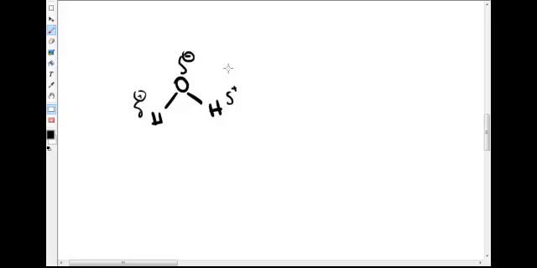Those will all be able to do H bonding. What I mean by H bonding is that you have these permanent dipoles set up, and you have another molecule that is stacked on there. Well, these two are going to be attracted very strongly to one another because of their charge.